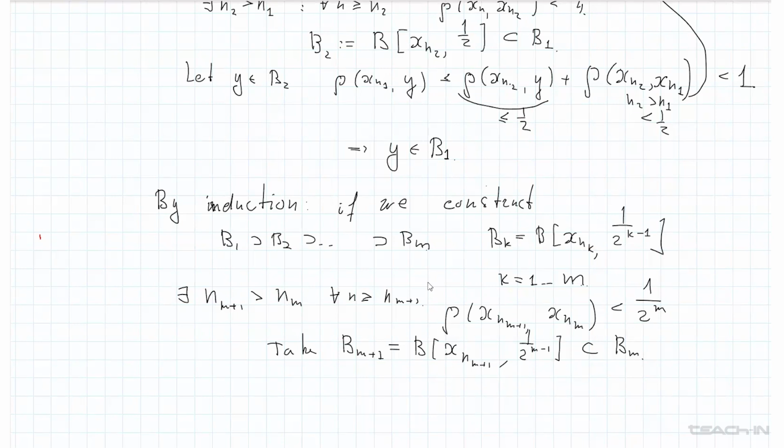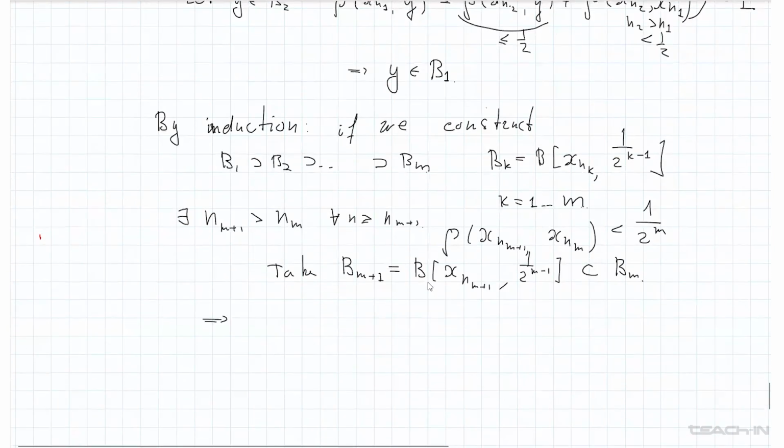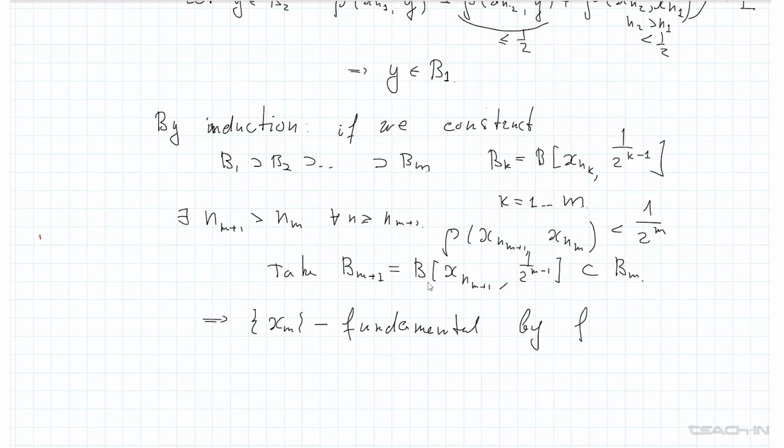Then we construct the sequence of centers. It is fundamental by first step. And we know that, but not xm, but x n sub m, exists limit, it is x star.